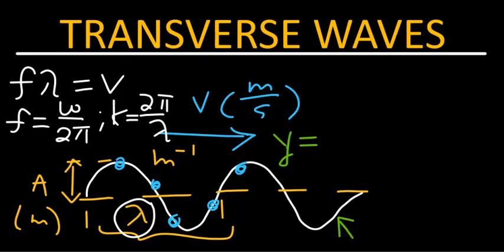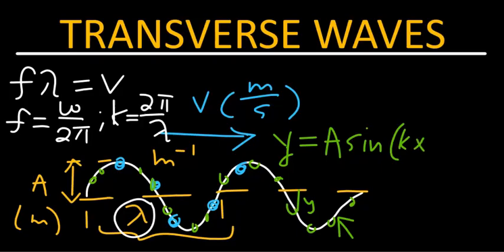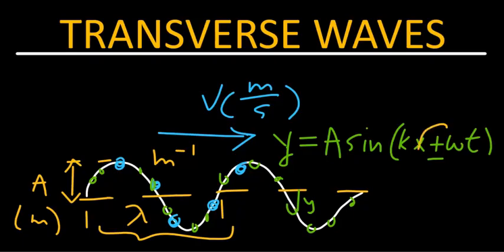And this is how we describe the transverse displacement of any part of the string as the transverse wave propagates through the string. It is given as A, which is the amplitude, times the sine function, whose argument has the following form: kx plus or minus omega t. When do we choose the plus and when do we choose the minus?